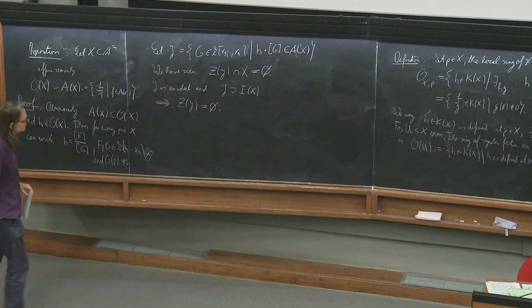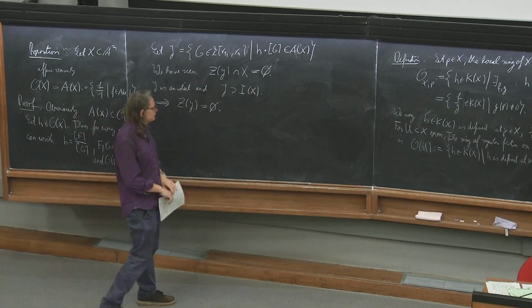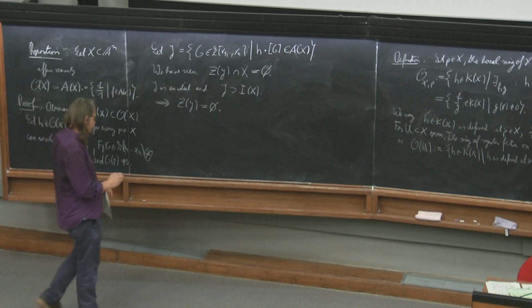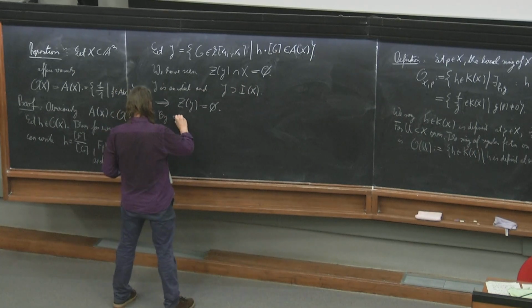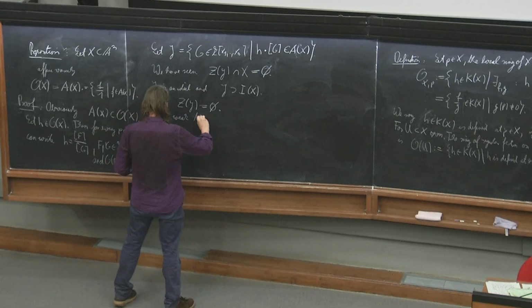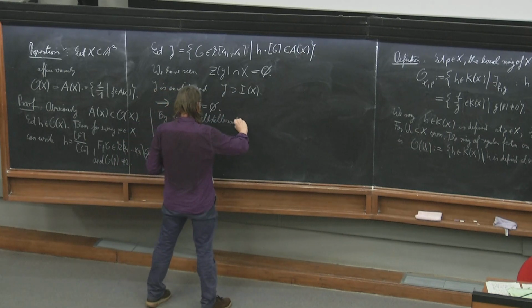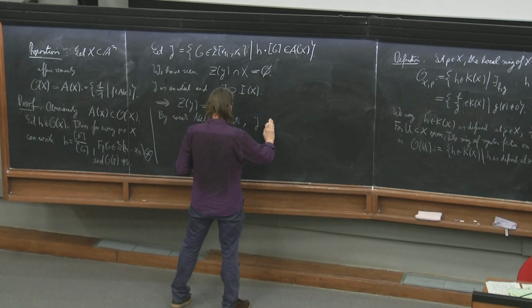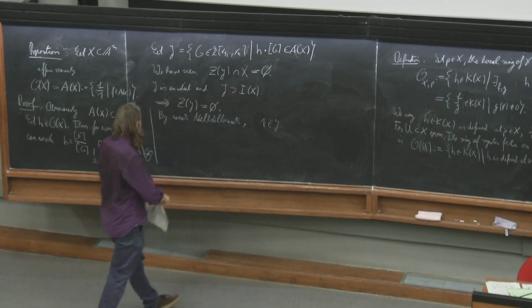And so we have found an ideal in K[x1 to xn] whose zero set is empty. So by the weak Nullstellensatz, it contains 1. So 1 is an element in J. But what does it mean?